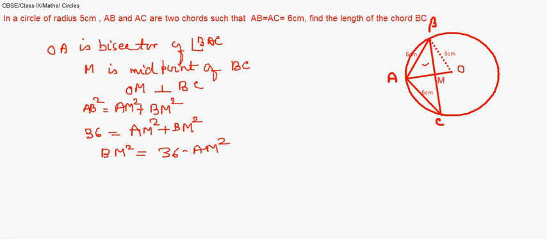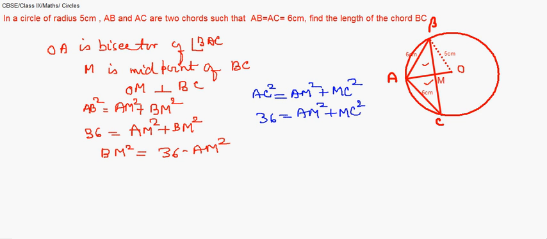On the other hand, let us take up triangle AMC. Here we will get AC square equals AM square plus MC square. This is again 36. We are not aware of what AM square is, and MC square will remain.